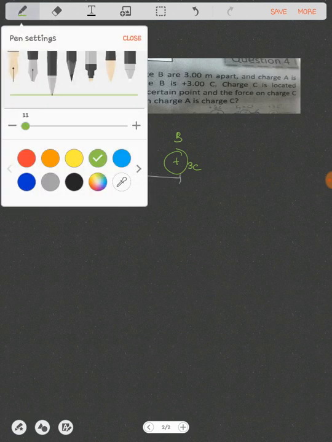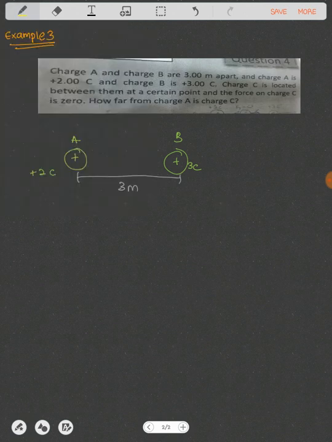Charge C is located between them at a certain point, so we do not know the certain point, and the force falls on charge C. We do not know whether its charge is positive or negative either, but it gives FC equals 0 Newton. How far from charge A is charge C?